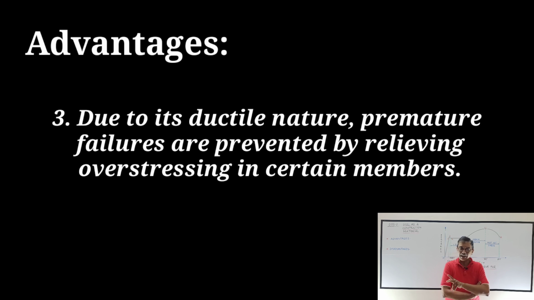This can be prevented due to the ductile nature of steel, because as it is ductile, some overstresses can be relieved due to redistribution of moments and all these things. So, you need not go into much detail. The third one is: due to its ductile nature, premature failure can be prevented by relieving overstressing in certain members.